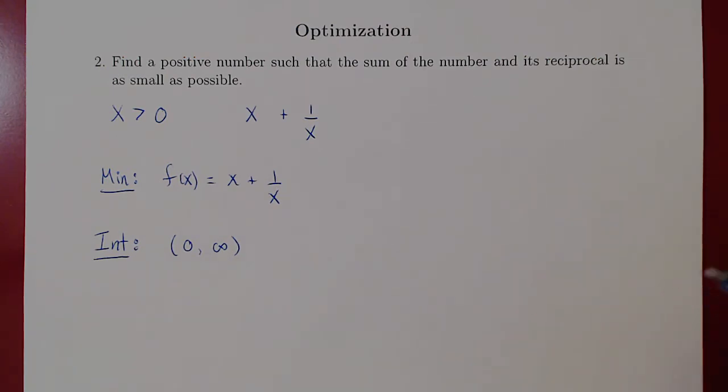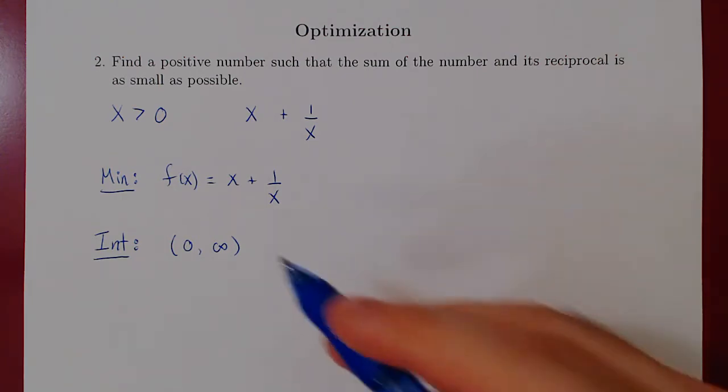Now, we know that if we have a continuous function on a closed and bounded interval, to find the max and min of this function, we simply have to evaluate the function at the endpoints of the interval and at the critical points inside of the interval. And this gives you the quickest way to maximize and minimize a function over a given closed and bounded interval, if that function is continuous.